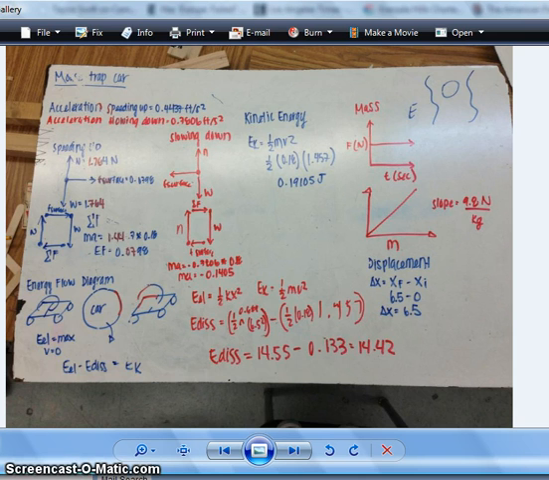So when you find your E elastic, you get 1 half, and K is 0.689, and you multiply that by 6.5 squared, which is your final position, and you get 14.55 minus our EK, which is 0.1905, and it's around 14.